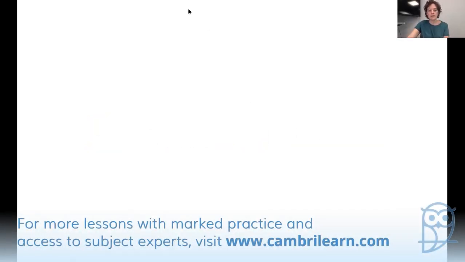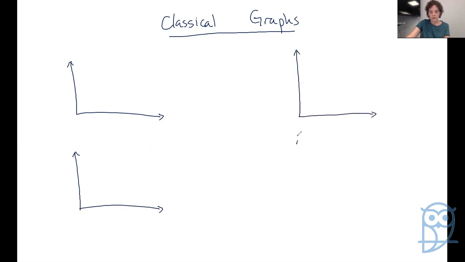If we look at our classical graphs, okay, we've got 4 of them. So one of them is looking like this.